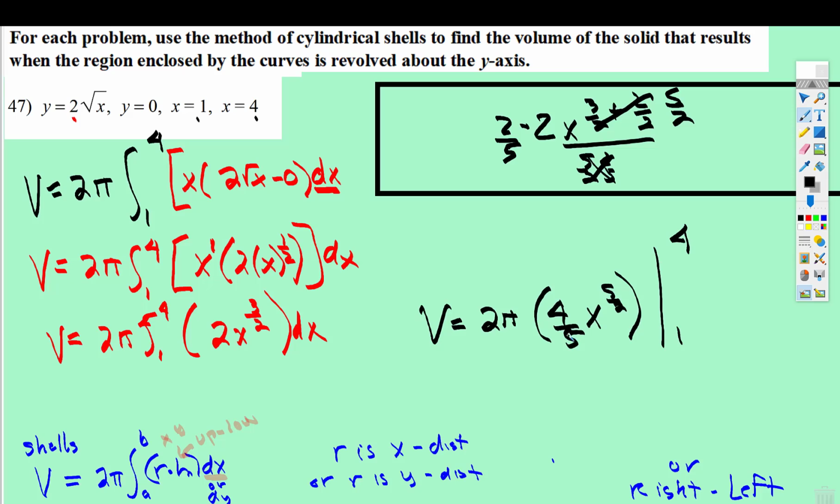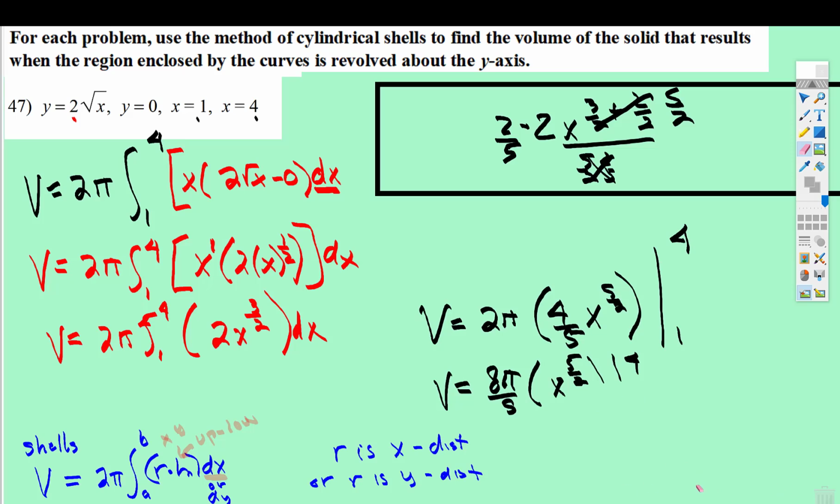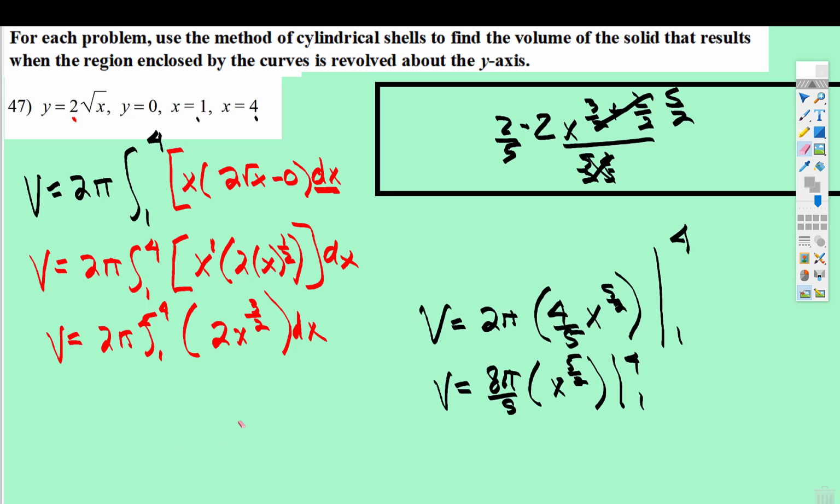We can actually bring this 4/5 out to make it easier. So we can multiply the 2 pi times 4/5 to get 8 pi over 5, and now we just have x to the 5/2 from 1 to 4. So we can leave the 8 pi over 5 out here, and we can say f of 4 subtract f of 1.